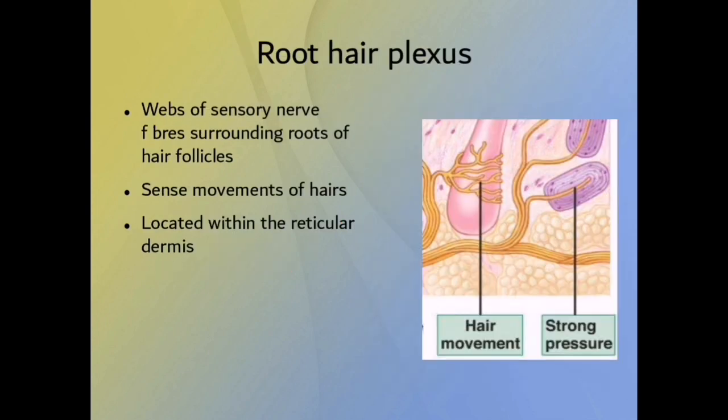The root hair plexus is located at the base of the hair follicle, and it senses hair movement. So this is our root hair plexus at the base of the hair follicle, sensing the movement of the hairs. They are mainly located within the reticular dermis because that's where we find our root hairs.